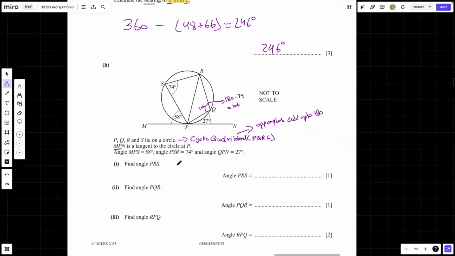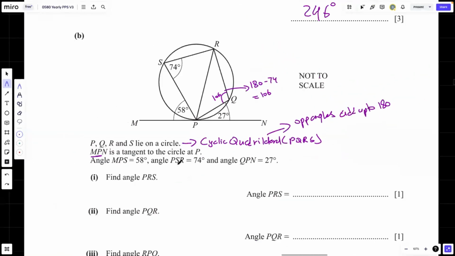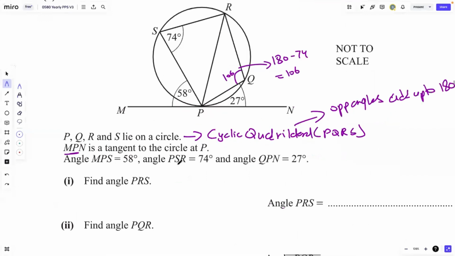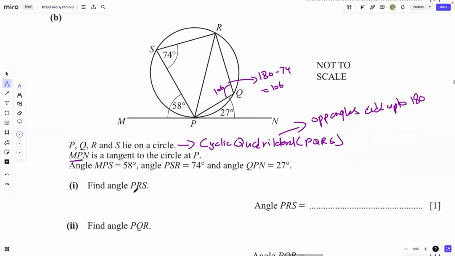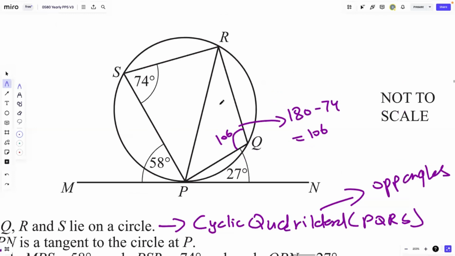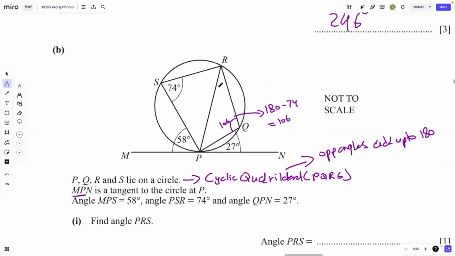Or you try to find it one at a time. Let's read what the first part is asking. Find the angle PRS. This is the angle we are looking for, and we'll definitely need to use the property for this. So let's understand how we are supposed to find this angle.